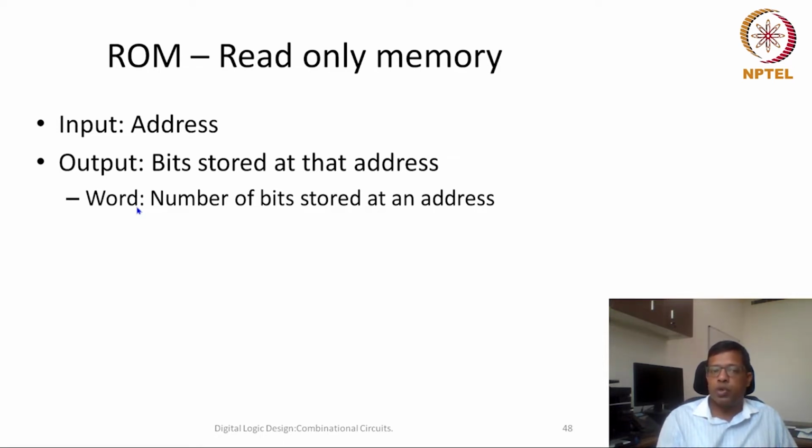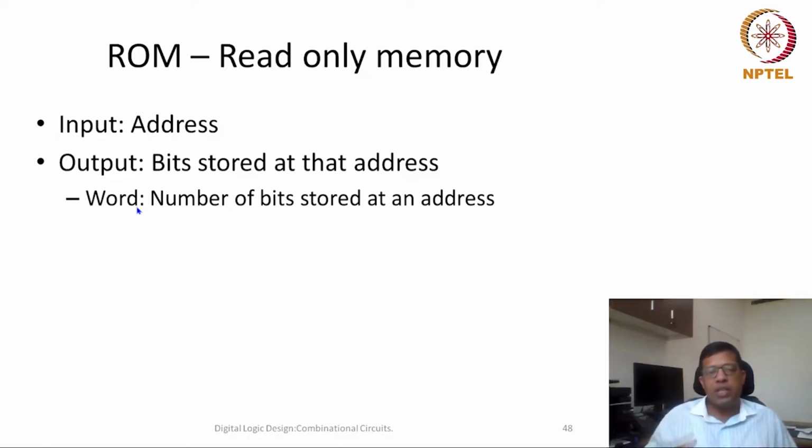You can also ask why I am only saying numbers that are powers of 2. Actually, a word could be 24 bits also, or 23 bits also, but usually it is a power of 2, because in a binary word it helps us in a lot of computation and in alignment of addresses and bits.